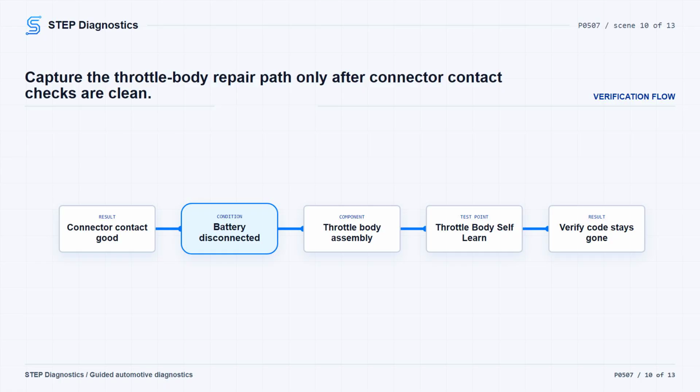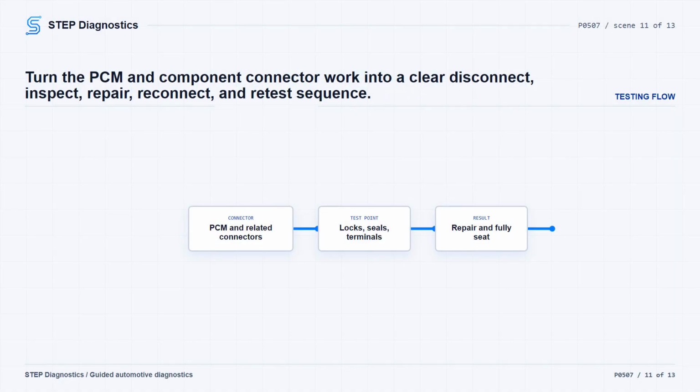At this point, take care of any applicable bulletins, then inspect the related PCM and component connections. Disconnect the PCM harness connectors, any related inline connectors if equipped, and the related component connectors.